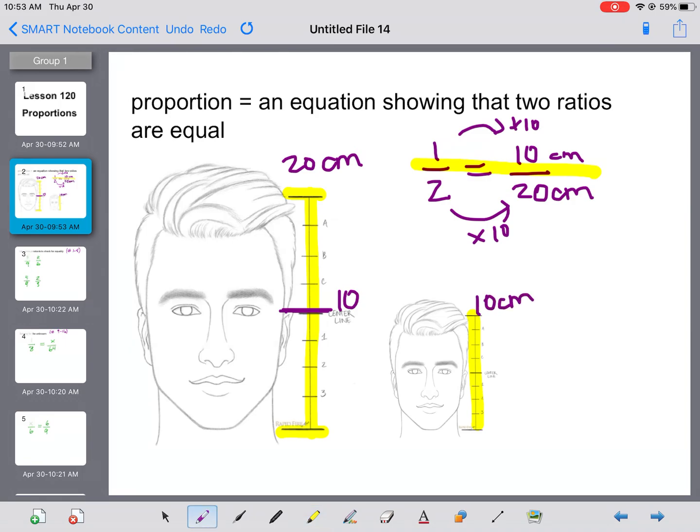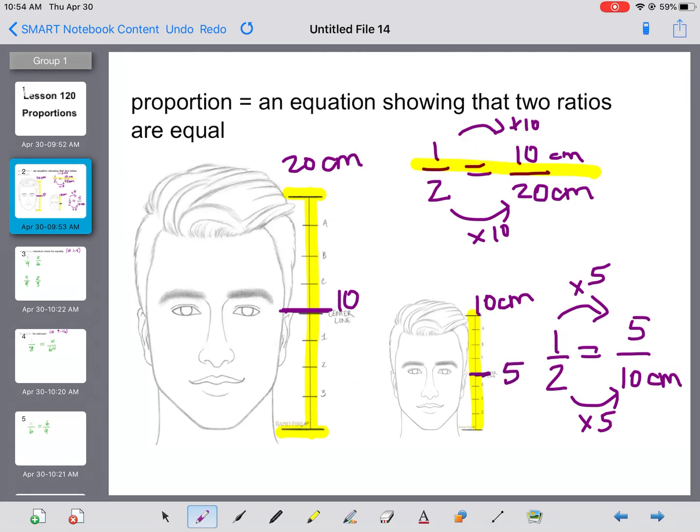You can use proportion and think to yourself, well, the eyes have to be about halfway down the face, and my head in total is 10 centimeters tall. So just work with it like an equivalent fraction. What was happening to that 2? We had to multiply it by 5 to get 10. We multiply the 1 by 5 to get 5. So your eyes should be at the 5 centimeter mark.